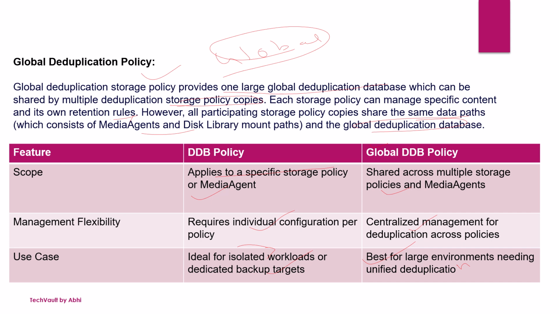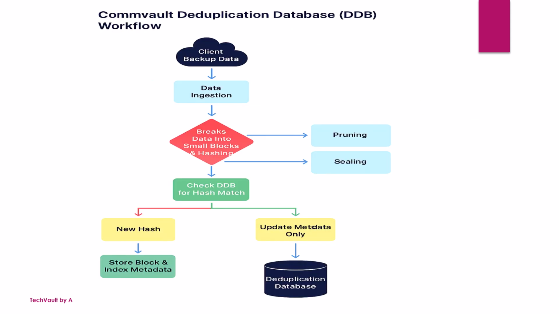Okay, got it. So how does it work? If the backup operation starts, what is the workflow of DDB? Okay, the client backs up the data, ingestion happens here, and it breaks the data into small blocks and hashes them. There is a bonus point for you.